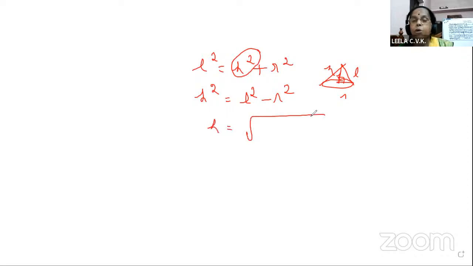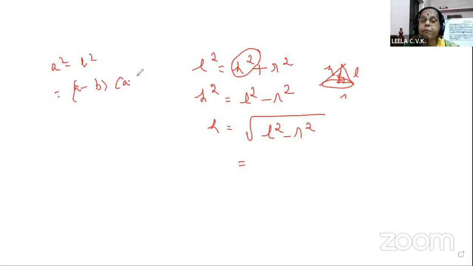Most of the time, whenever bigger values are there, you use the identity here. This is L square minus R square. What is A square minus B square? A minus B into A plus B, isn't it?